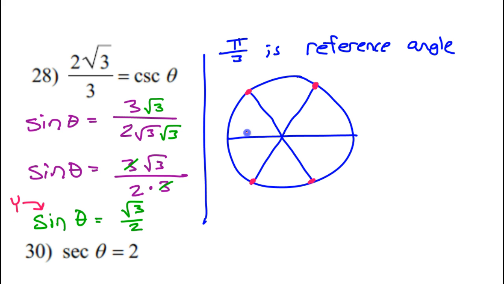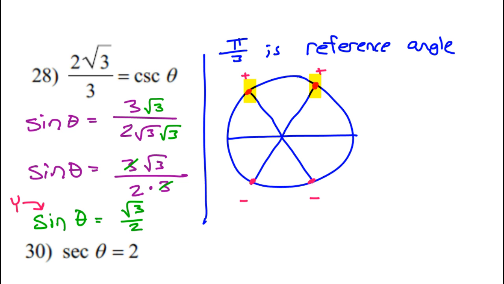So the y-coordinates are positive above the x-axis and negative below the x-axis. So the sine function will be positive up here and negative down here. Because we want the positive answers, we are talking about these two angles.